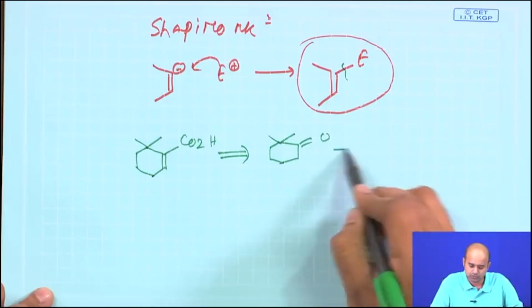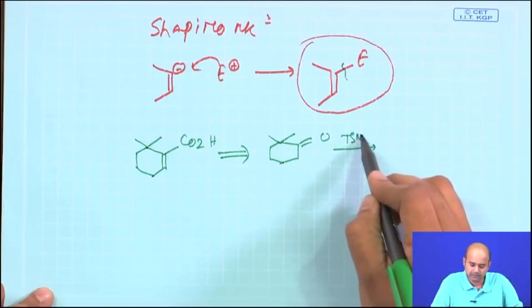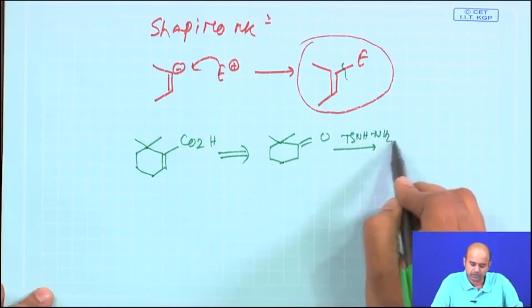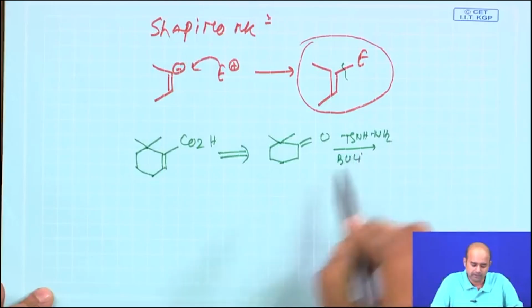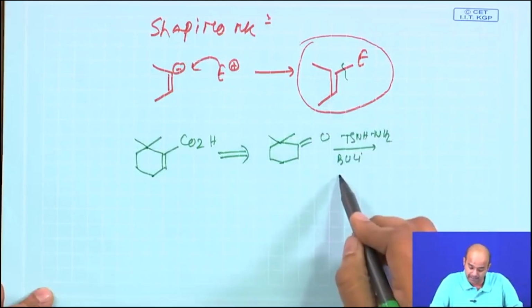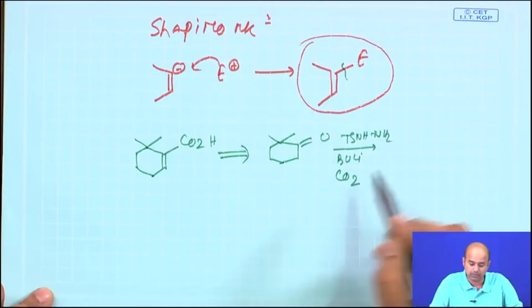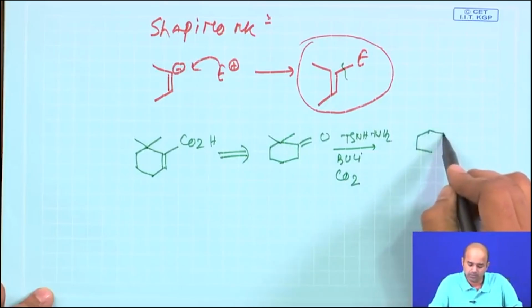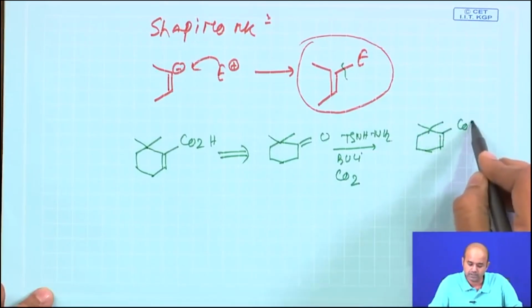So, subject it to tosyl hydrazine and excess butyl lithium, which will give you the vinylic species, and then you quench it with the electrophile carbon dioxide, which will basically give you the final product, CO2H.